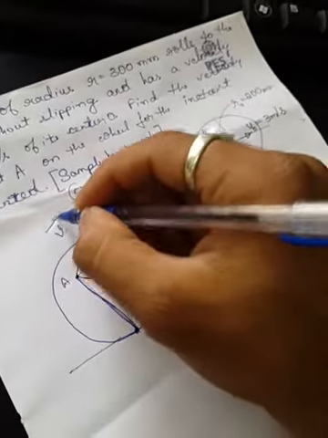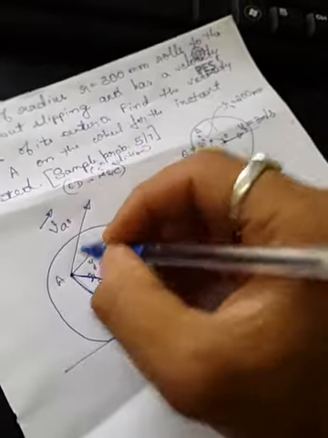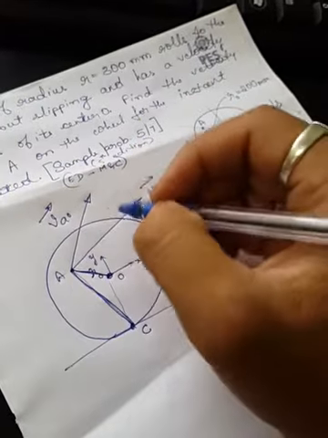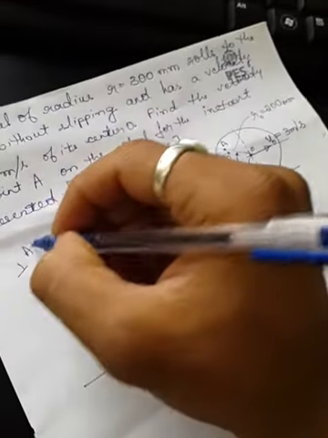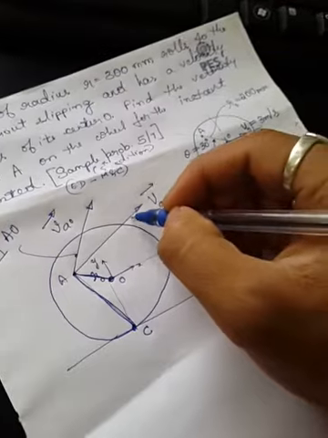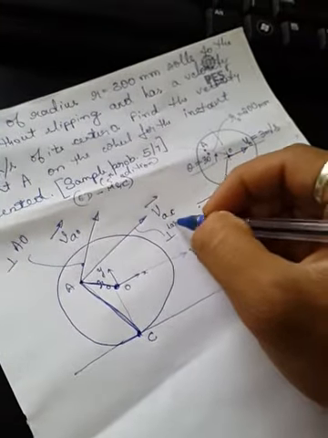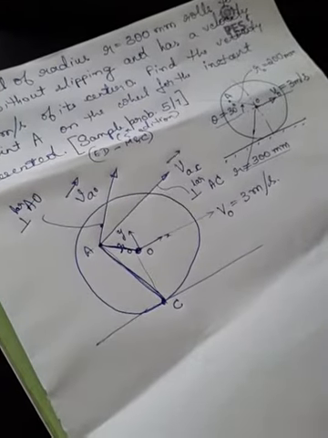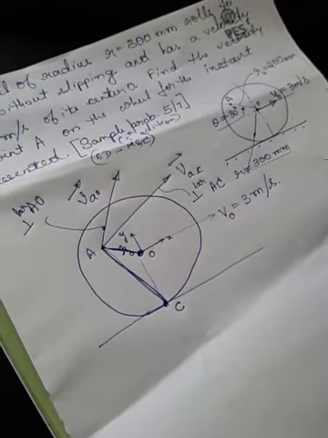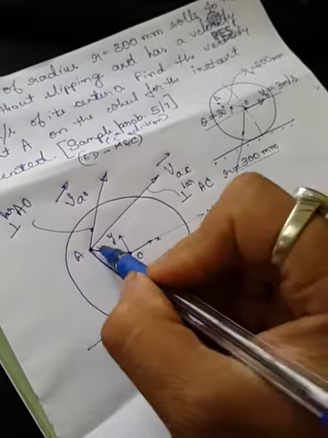This is velocity vector AO. This is perpendicular to AO and this is perpendicular to AC, correct?